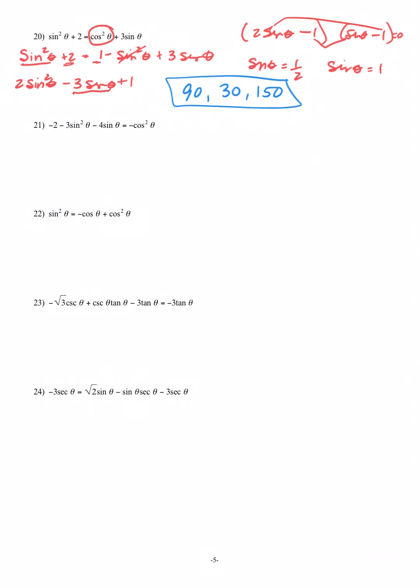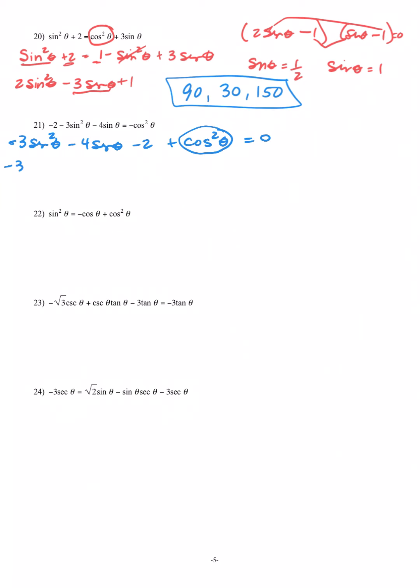So on this one, you're going to also put everything on the left. So we're going to have negative 3 sine squared of theta minus 4 sine of theta minus 2 and plus cosine squared of theta equals 0. We need to change the cosine squared of theta.